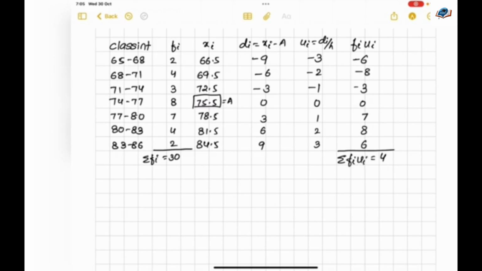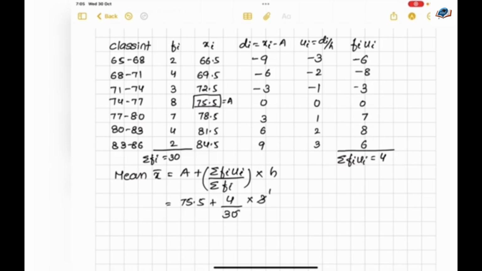So mean x bar equal to a plus sigma fi ui upon sigma fi into h. So a is 75.5 plus sigma fi ui is 4 upon 30 into 3. So 3 ones are 3, 3 tens are 30. So 4 divided by 10 is 0.4. So 75.5 plus 0.4, so that is 75.9.